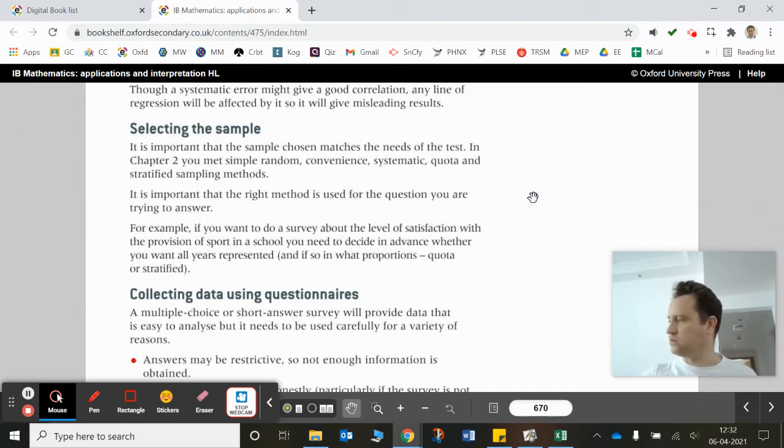I might want 20% of people from year 10 in my sample. So I would take people coming into the school in the morning until I've had my fill of my quota for year 10 students, for example. That's not random. That doesn't mean everyone has an equal chance of being picked. That's just fulfilling quotas based on some element of convenience.